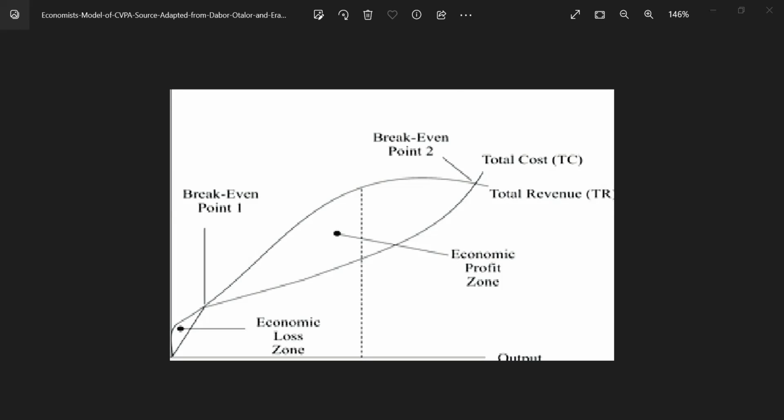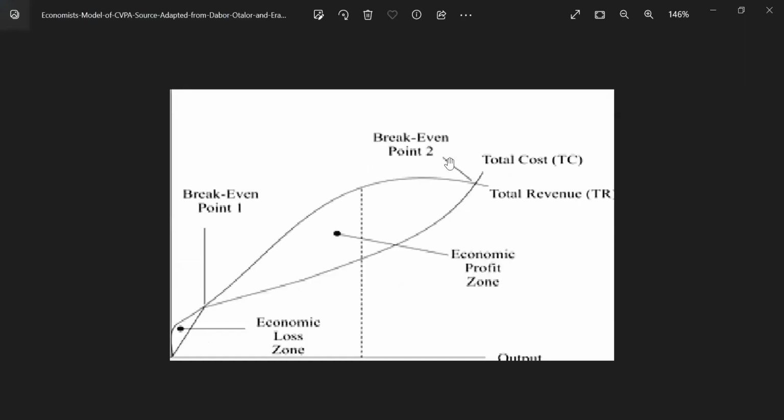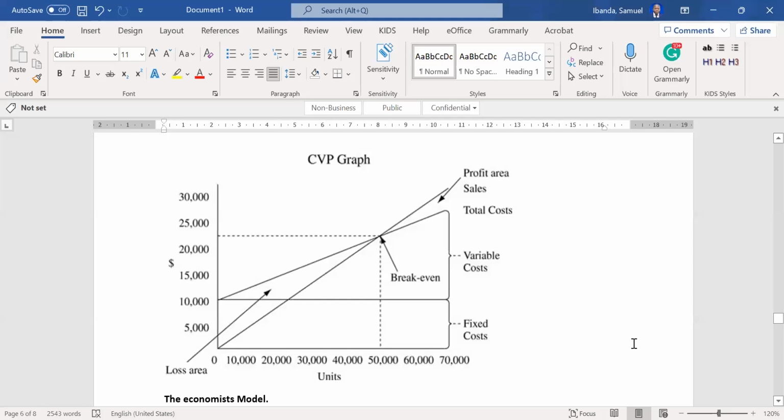The accountant's model assumes that revenue and total cost are straight lines, and we only have one break-even point. And that's why it looks like this, compared to what the economists are saying with this. Are we together? I'll provide you with notes that have these 2 curves for you to appreciate how these vary accordingly.